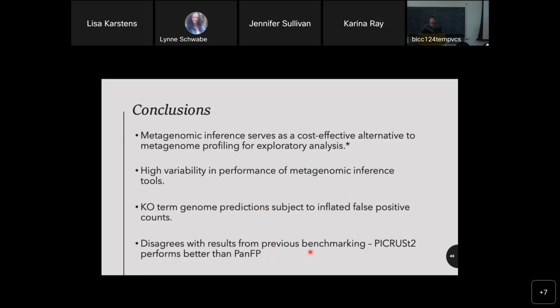They didn't include Paprika in their investigation, but this disagreement is likely due to the fact that we're surveying a different environment, as well as the fact that they didn't carry out any gene abundance count filtering in the previous benchmarking. And in our investigation, by filtering gene abundance counts at a threshold of 1, we effectively removed spurious results and deflated the false positive count for PanFP.